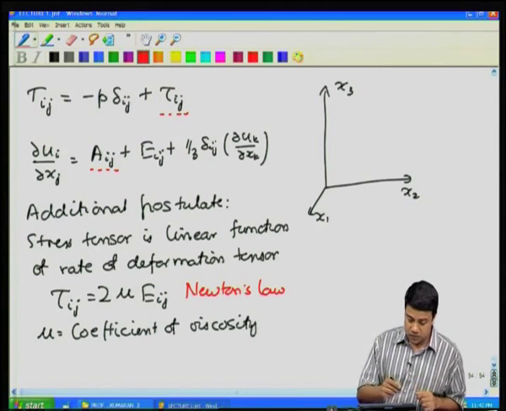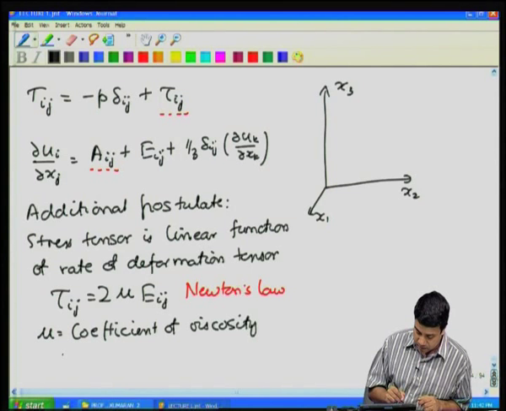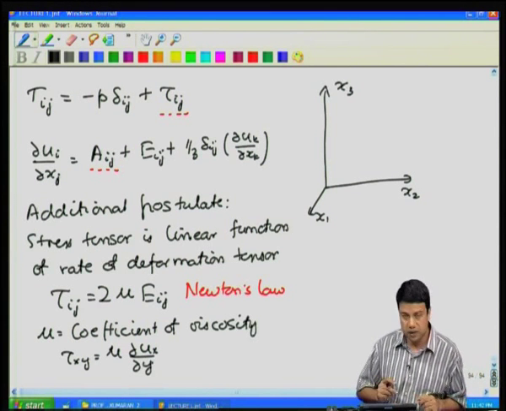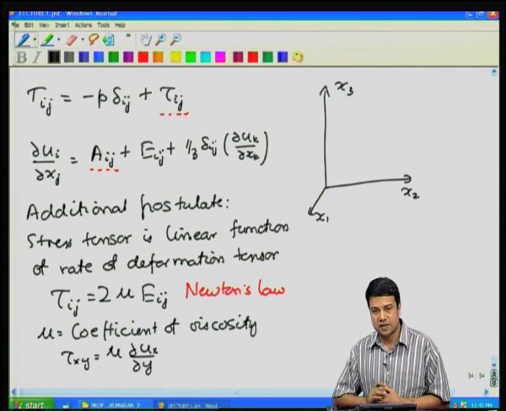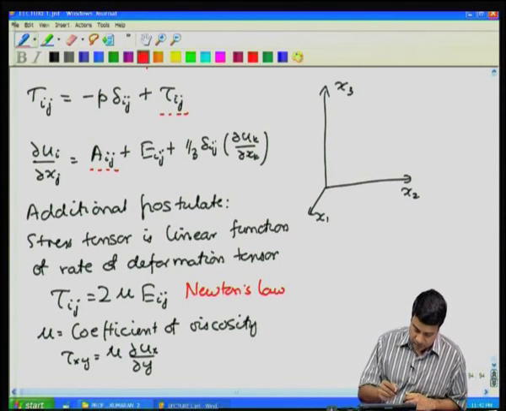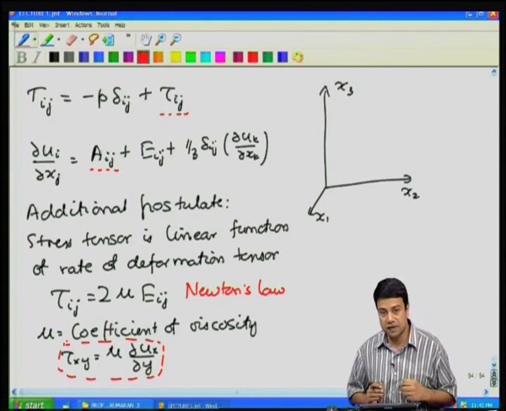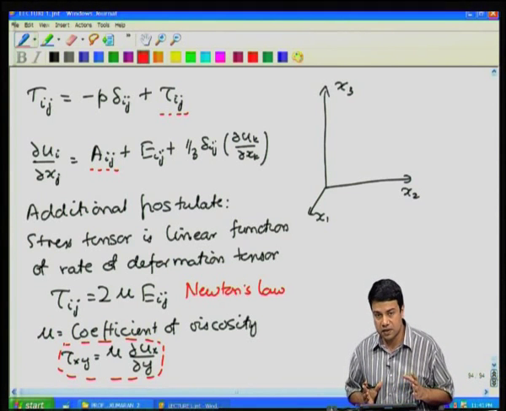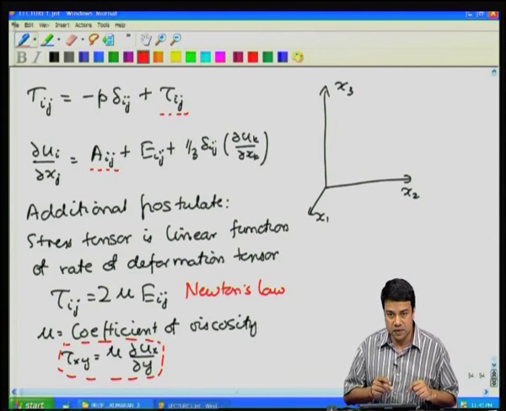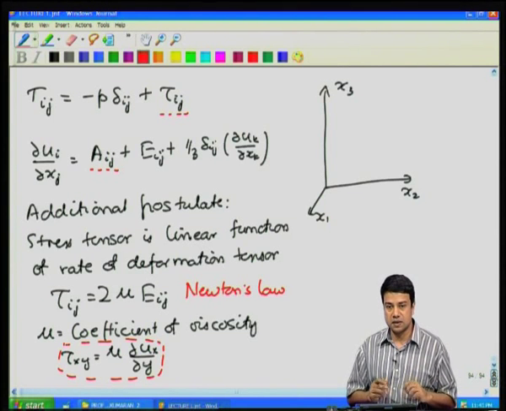You are usually used to writing this as, for example, tau xy is equal to mu times partial ux by partial y, if I have an x and y orthogonal coordinate system. This form of the constitutive relation is not frame invariant in the sense that if I rotate coordinate reference frames, this equation will change.